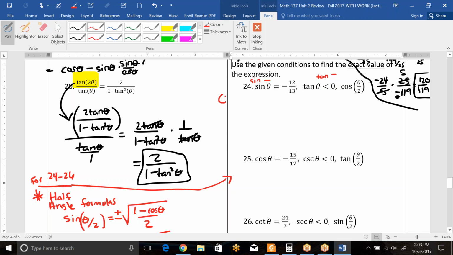So theta's location has to do with where sine and tangent are both negative. That means we are looking at quad 4, I believe. Yes. So this labeling would be negative 12, and this would be 13.